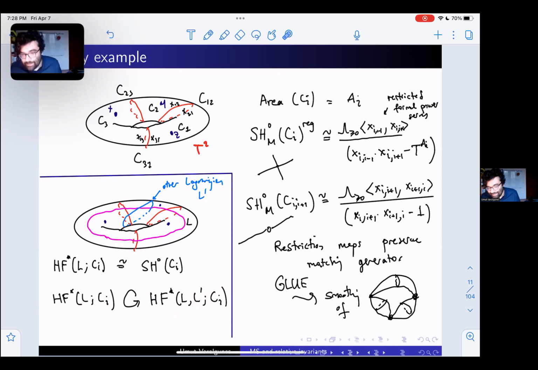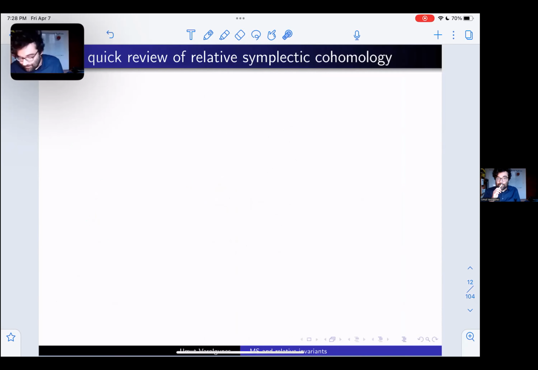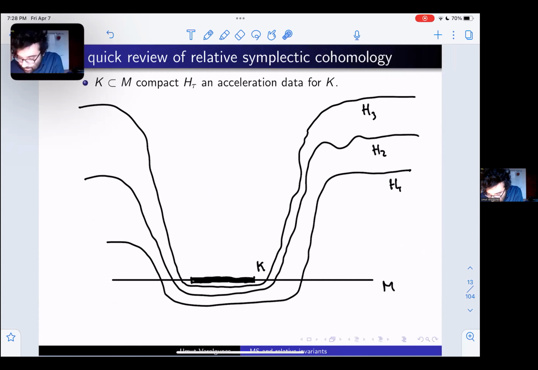I am already half an hour into my talk, so obviously I'm not going to finish. But let me give you a very quick review of this relative symplectic cohomology. So I have M and I have any compact subset. An acceleration data for this compact subset is a family of functions which converge to 0 inside K and converge to infinity outside K, any monotone sequence of functions.